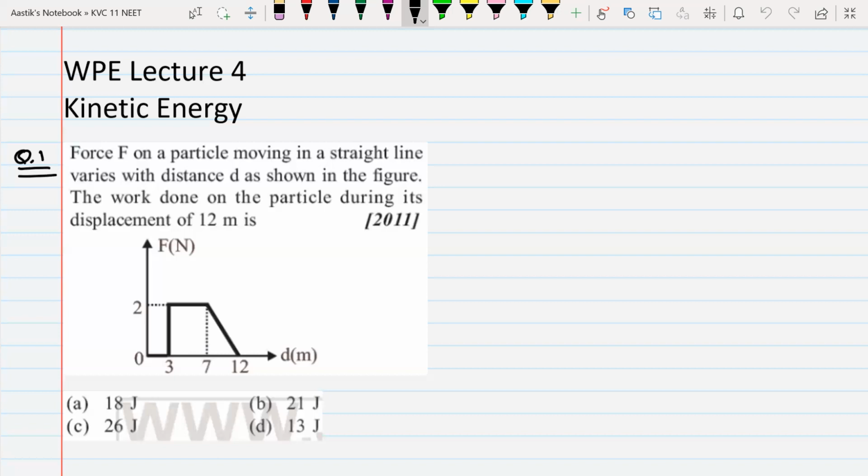Yes, anyone has any answer for this one? What is the work done by this force? Anyone has the answer for this one, beta? No one?